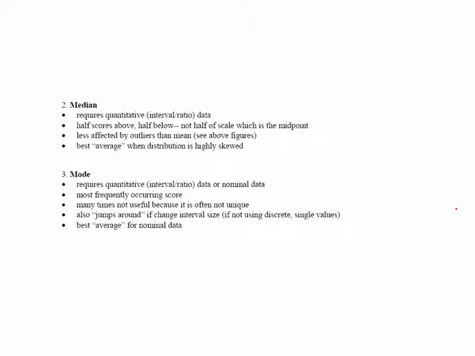The median requires quantitative data just like the mean. Half of the scores fall above the median, half of the scores fall below the median. It's less affected by outliers than the mean, and we can see that from the previous example. Now, the mode is less frequently used. Mode is most commonly used when we have nominal or categorical data.